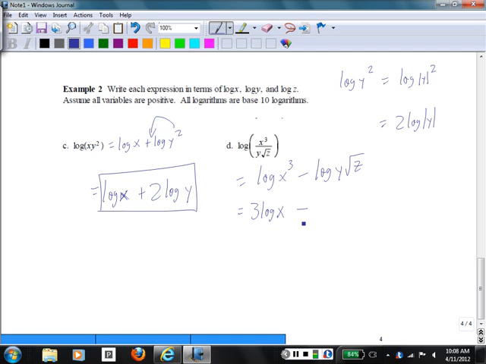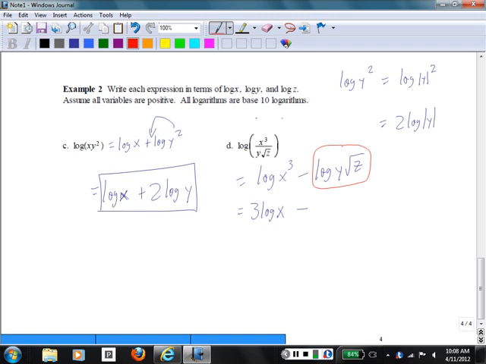Now, really dangerous thing here, because I've got that minus, which means I'm subtracting the totality of this expression, whatever that expression ends up being. And as long as it's just a single logarithm, there's no need for parentheses around that logarithm to indicate we're subtracting that entire quantity. But when we take that logarithm and expand it, we're going to have to write it as the sum of 2 logarithms.